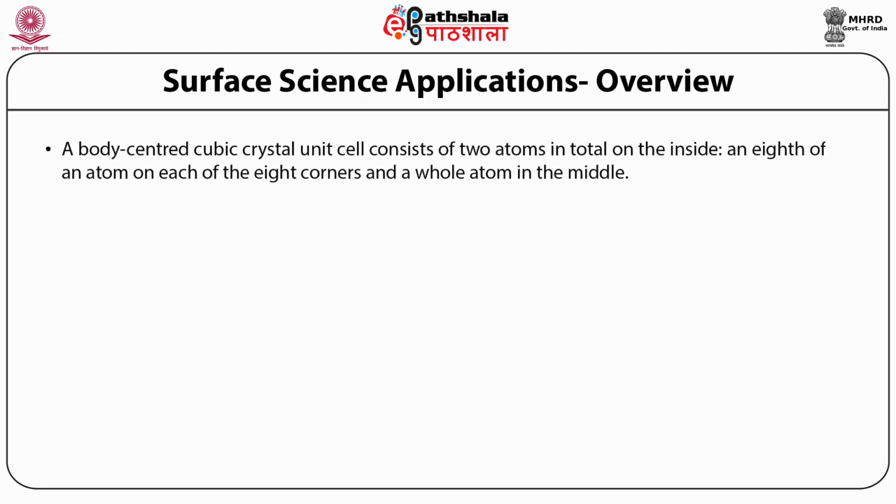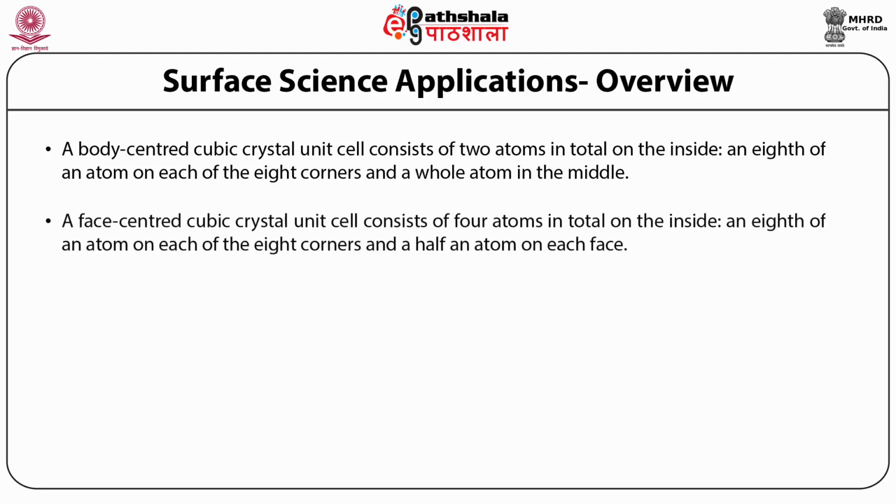A body-centered cubic unit cell consists of two atoms in total: an eighth of an atom on each of the 8 corners and a whole atom in the middle. Within the bulk, each atom has 8 nearest neighbors.